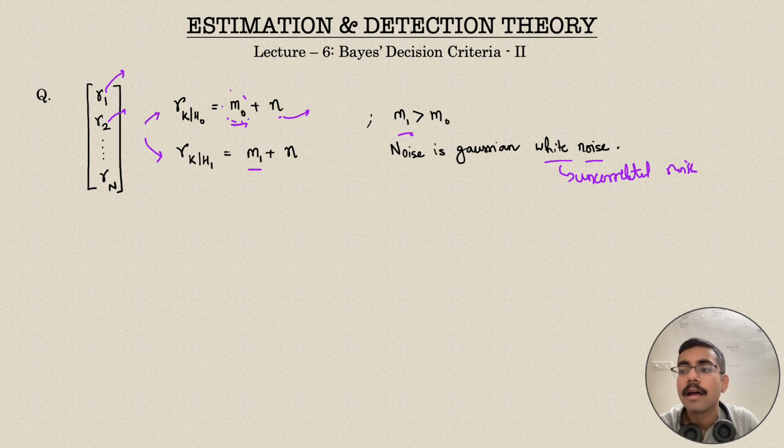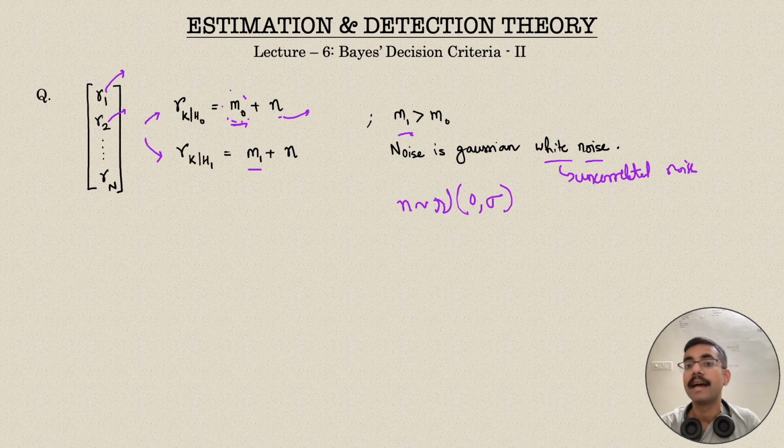And it's just given that M1 is greater than M0. So one of the fundamental assumptions to solve all these kinds of problems, you might have seen that all the noise we have, first of all, these are Gaussian white noise. So just about the noise, the distribution of that noise would be zero mean, and of standard deviation sigma.